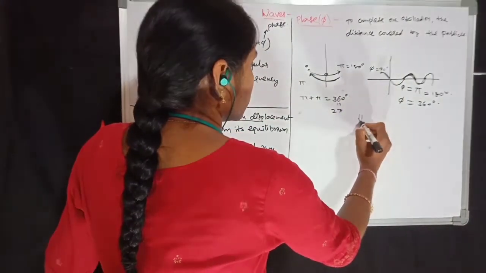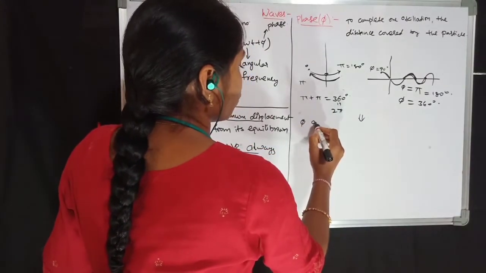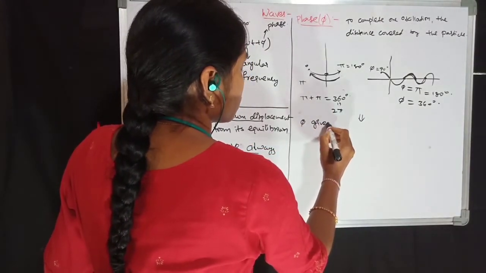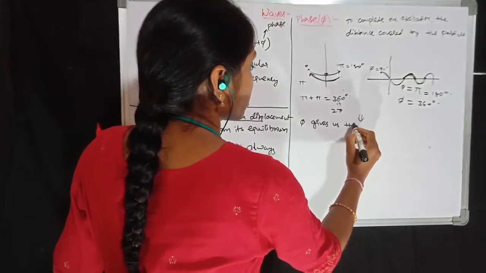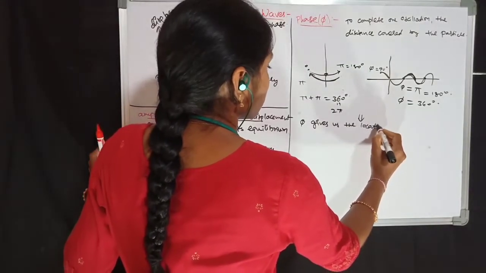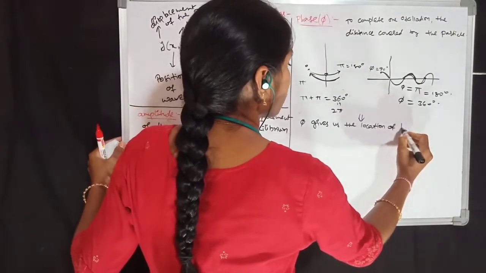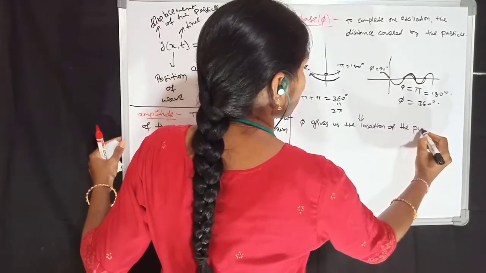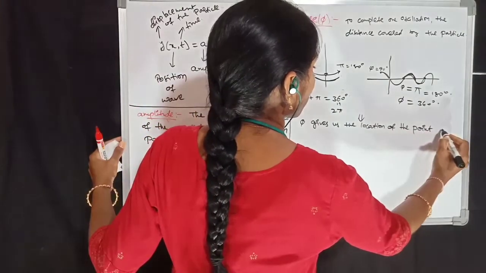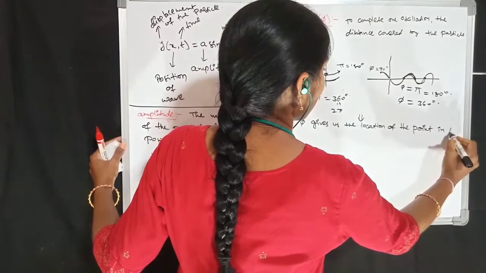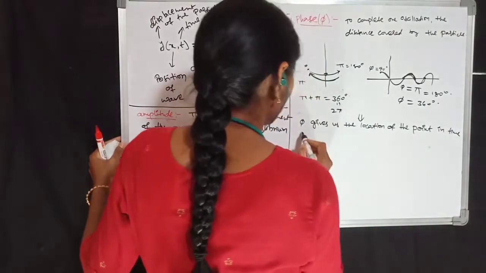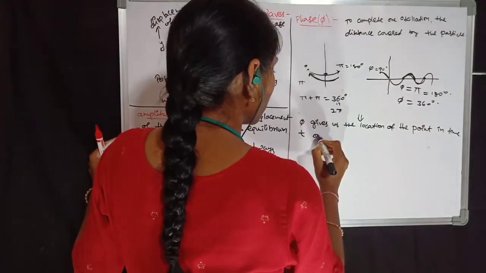Here this phi gives us the location of the point, in time t, on the waveform.